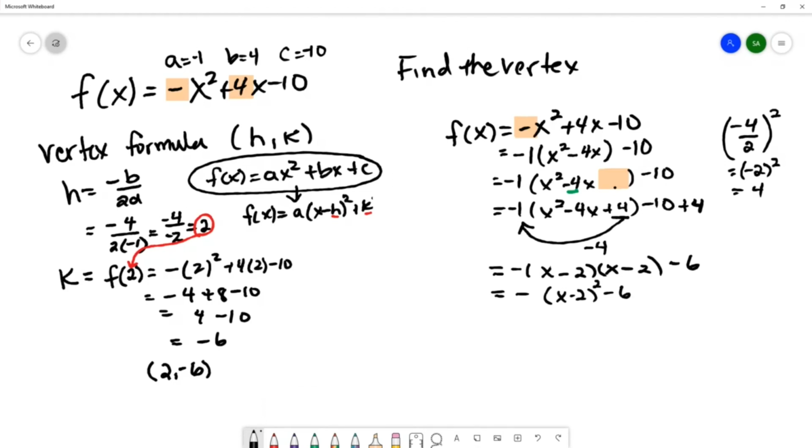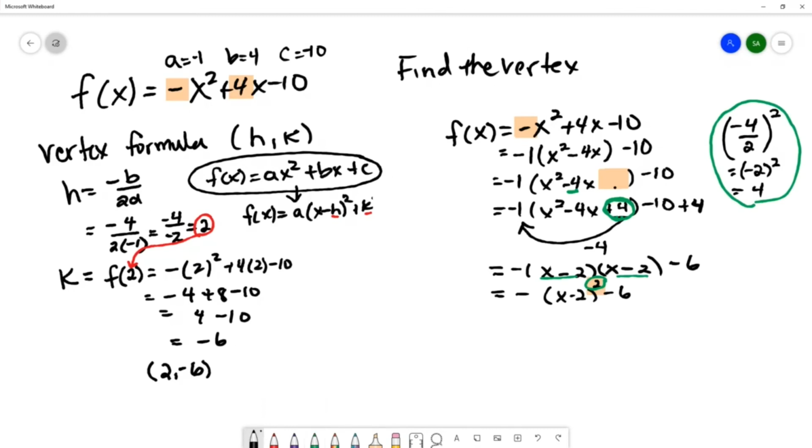And that's why this method is called completing the square, because this number that we put in there makes it so that when we factor, we get a perfect square. So that number that we figured out over here completes the square.